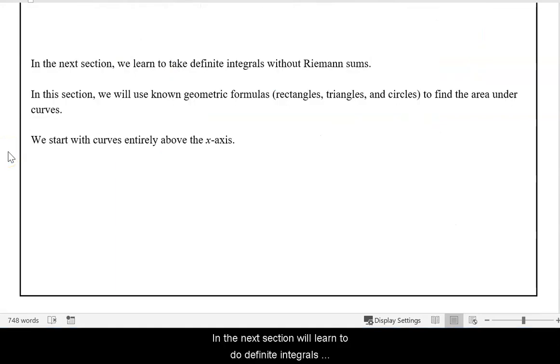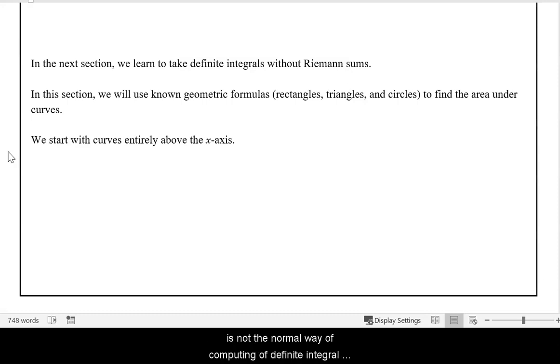In the next section, we'll learn to do definite integrals without considering Riemann sums or geometric formulas. However, in this section, you may have to use a left Riemann sum, a right Riemann sum, or a midpoint Riemann sum to find an approximation for the area under the curve. We will definitely be using geometric formulas for the area of rectangles, triangles, and circles in this section.